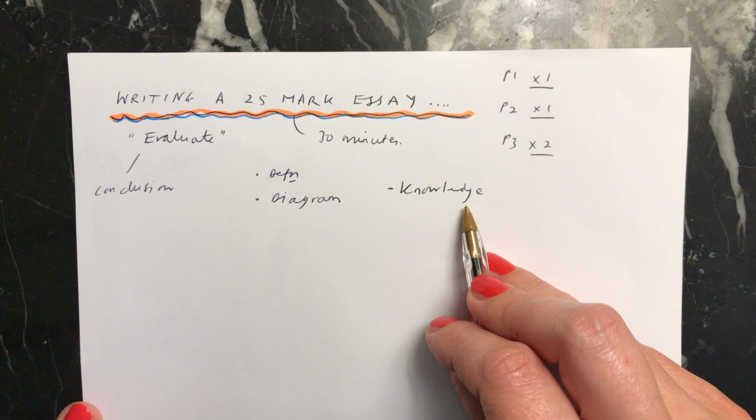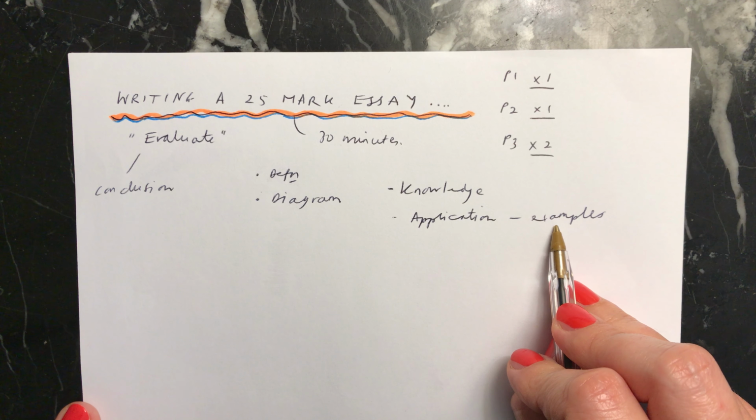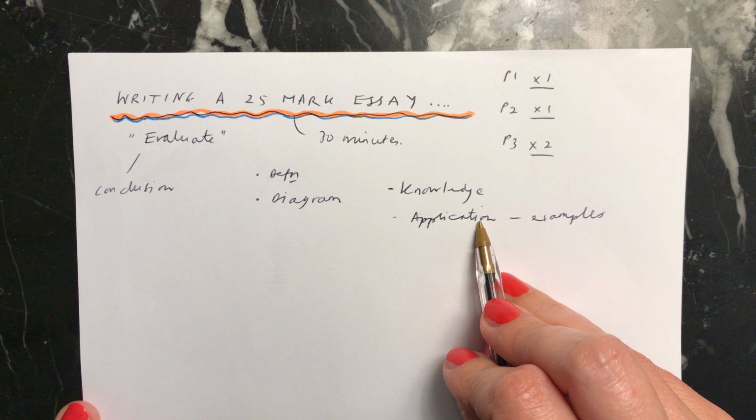As well as the knowledge, you also need to make sure that you're doing application. And application is giving real life examples. You could talk about just something theoretical, but it's putting something into real terms. That's what application is. And describing a diagram can also be application.